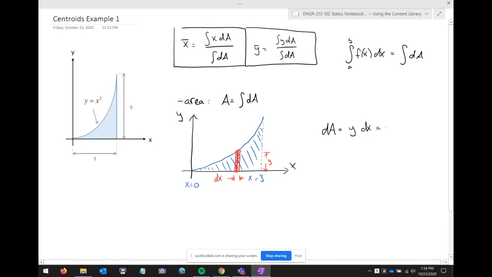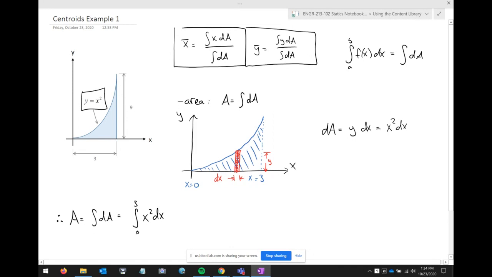And what is y? y equals x squared. So x squared dx. So if I want to determine the area under the curve, I integrate, I sum up all my dA terms. What does that mean? I integrate x squared dx, and I go from x equals 0 to x equals 3.